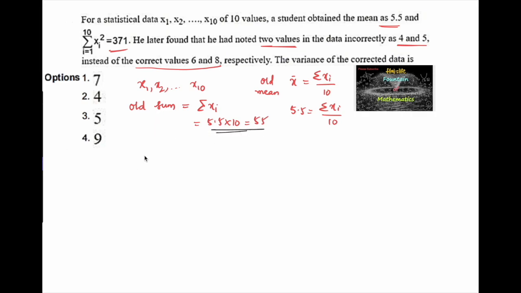So the old sum is 55, and hence the new corrected sum can be taken as: from 55 we have to remove the wrong entries and add the correct entries.